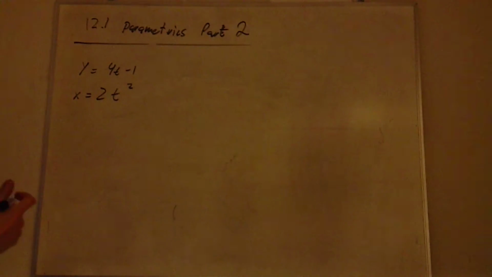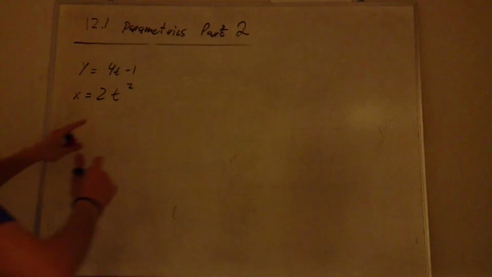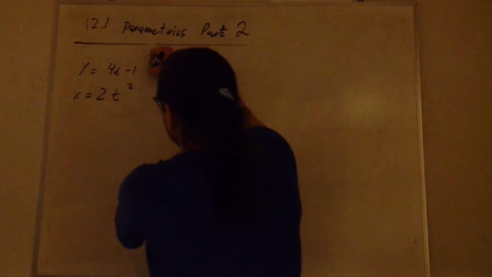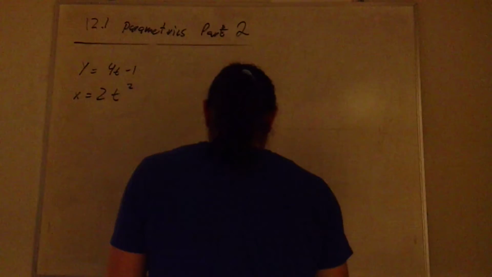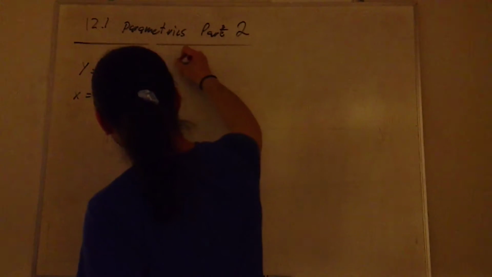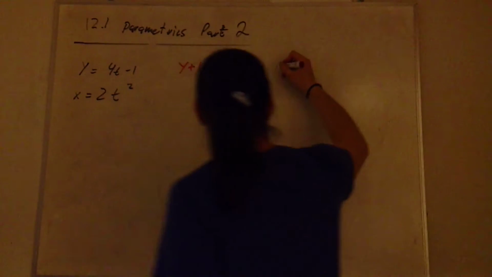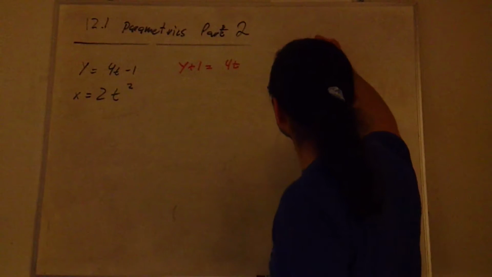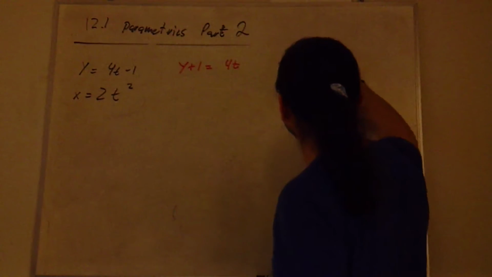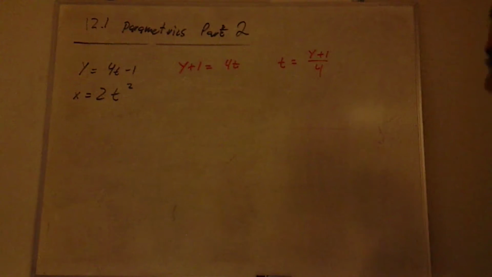And there's sort of two ways we can do that. The first way is going to involve using this one here. So I'm going to take this y equals 4t minus 1 and turn that into y plus 1 equals 4t. And then I can turn that into t equals y plus 1 over 4, just using some algebra until I get it solved for t.